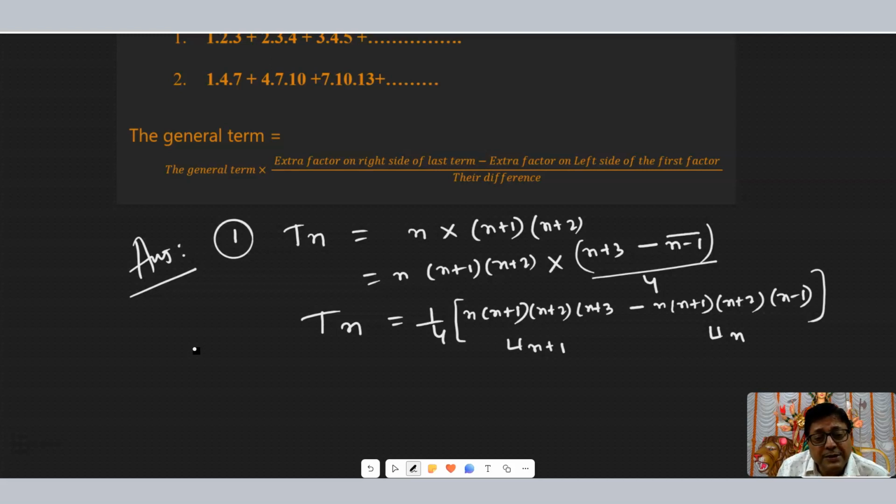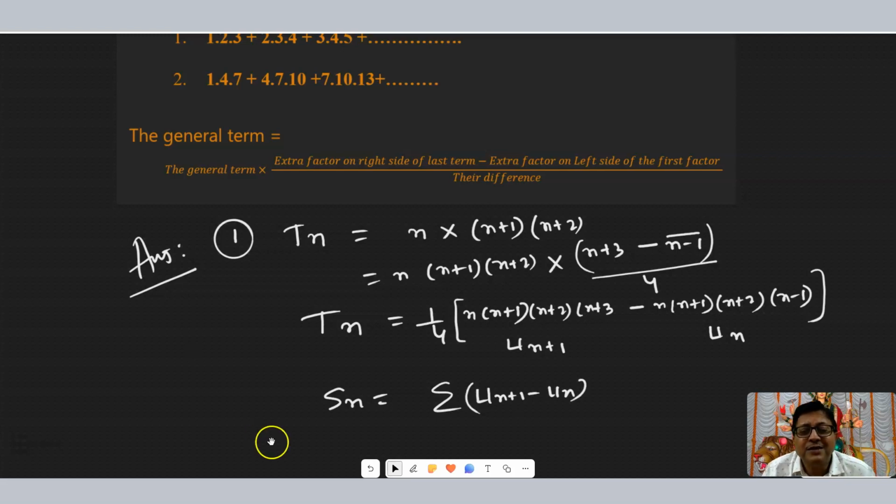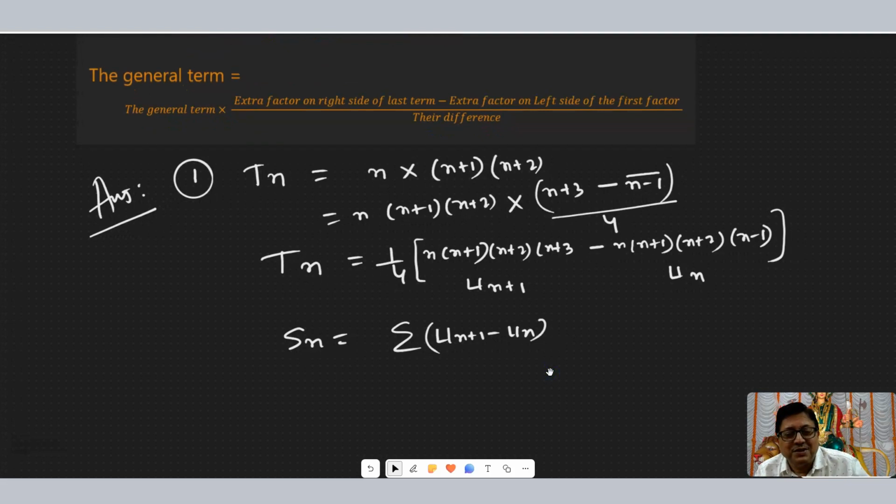So you have expressed Tn in this form, un plus 1 minus un. Sn going to be what? Sigma un plus 1 minus sigma un. And what is the sum of this? I have explained in many sums. It is un plus 1 minus u1. The sum will be un plus 1 minus u1.